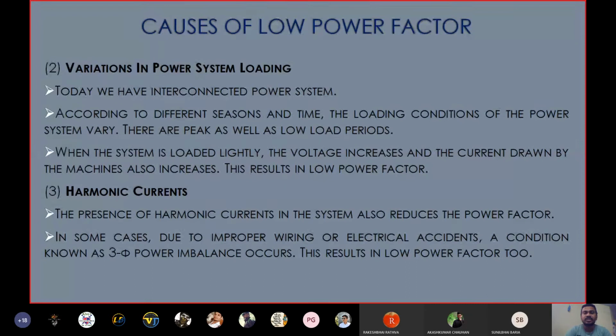In a three-phase system, if there is not proper wiring, the imbalanced power condition occurs, and this will also result in low power factor.